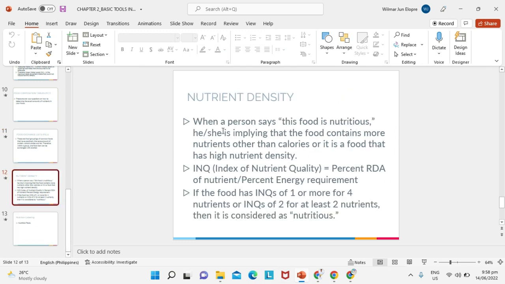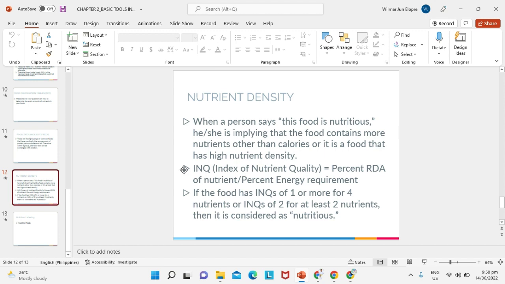Next is nutrient density. So kani mag-compute ta ani, mag-use ta og formula. So ang formula is percent RDA or RNI of nutrient divided by percent energy requirement. So if the food has INQs of 1 or more for 4 nutrients or INQs of 2 for at least 2 nutrients, then it is considered as nutritious.